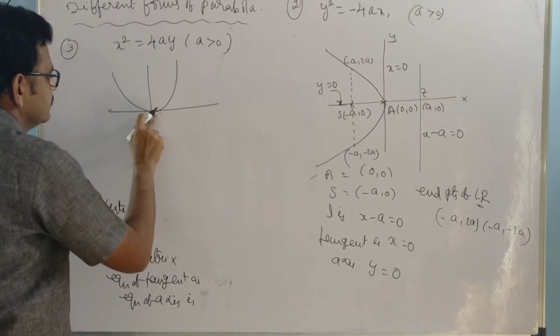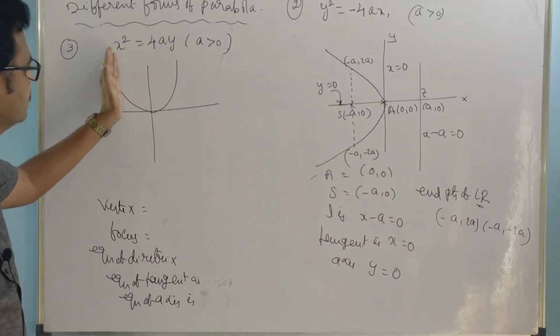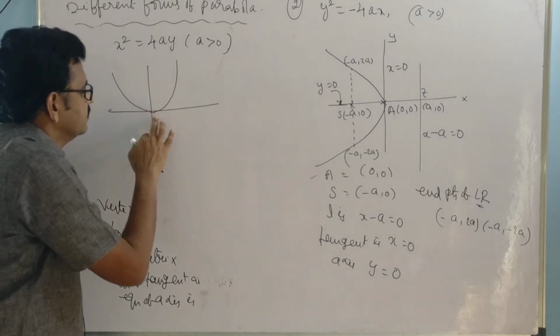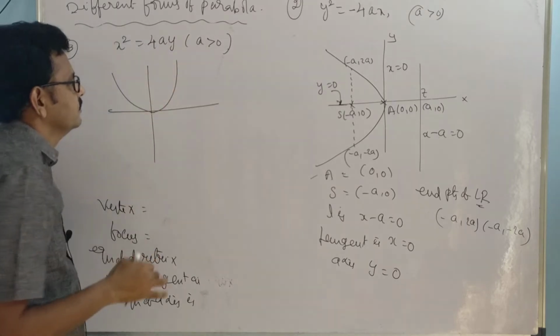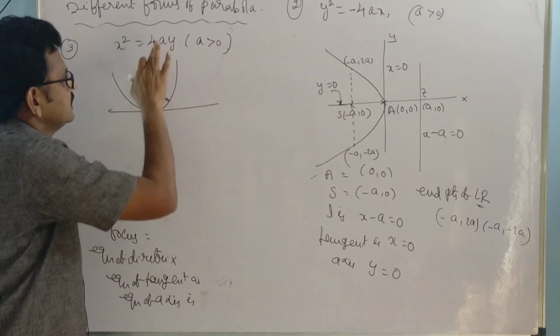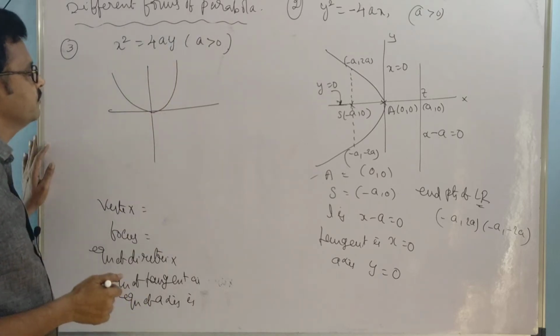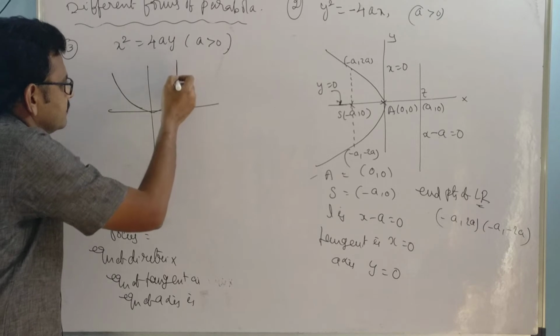Suppose you take a equal to 1, x square equal to 4y. If y is equal to 0, x is 0. If y equal to 1, x is plus or minus 2. For y equal to 2, x is plus or minus something. Therefore, the parabola is symmetric about y-axis.